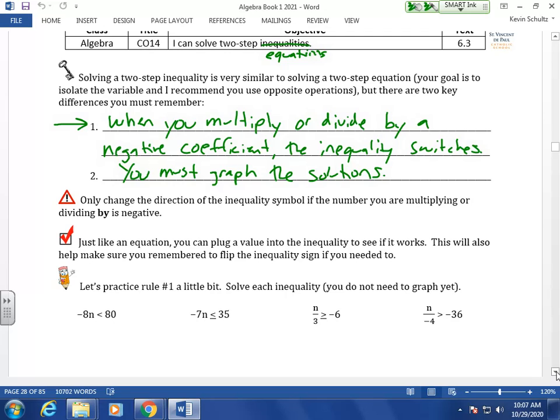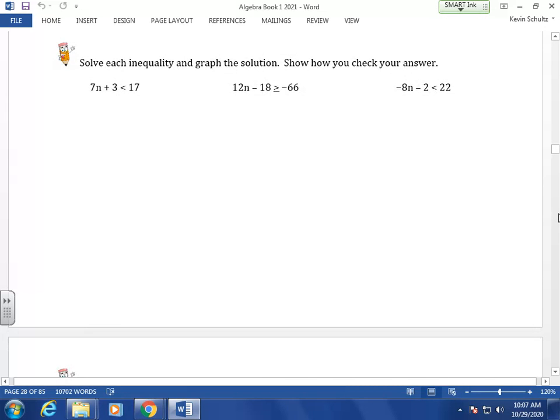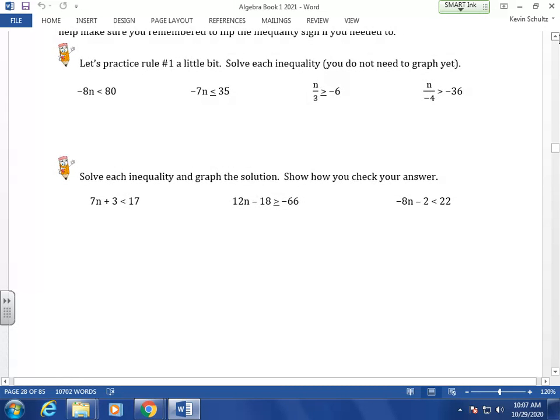So let's scroll down to these first few examples here and practice that first rule, and talk about why. This first one here, -8n is less than 80. Think about where 80 is on the number line. It's greater than 0, on the right side of 0.